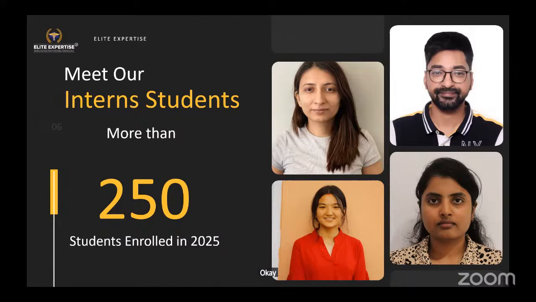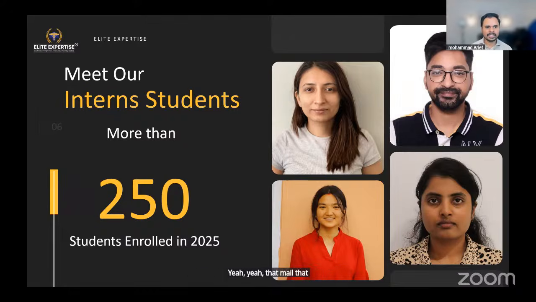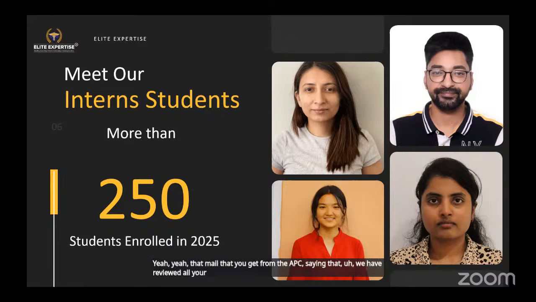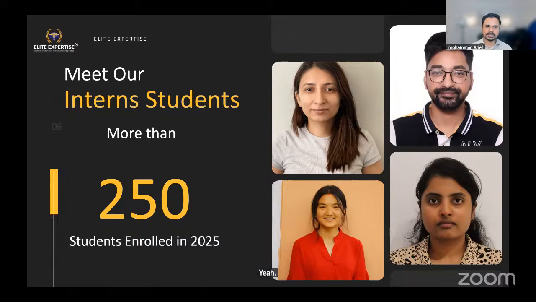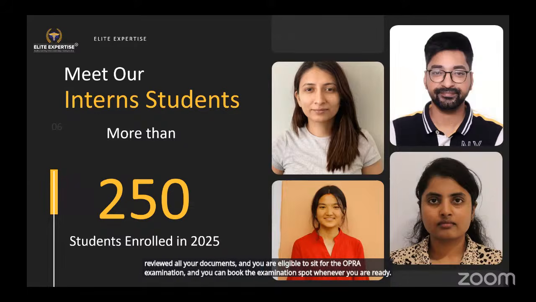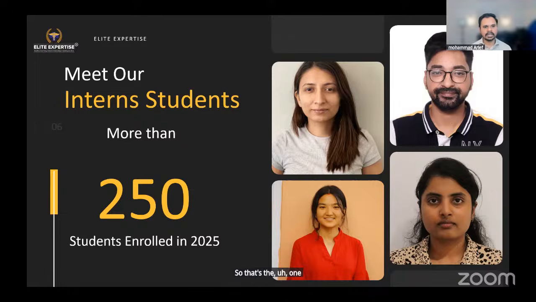The mail is enough. That mail from the APC says that we have reviewed all your documents and you are eligible to sit for the OPRA examination, and you can book the examination slot whenever you are ready. Based on that, you can book the slot.